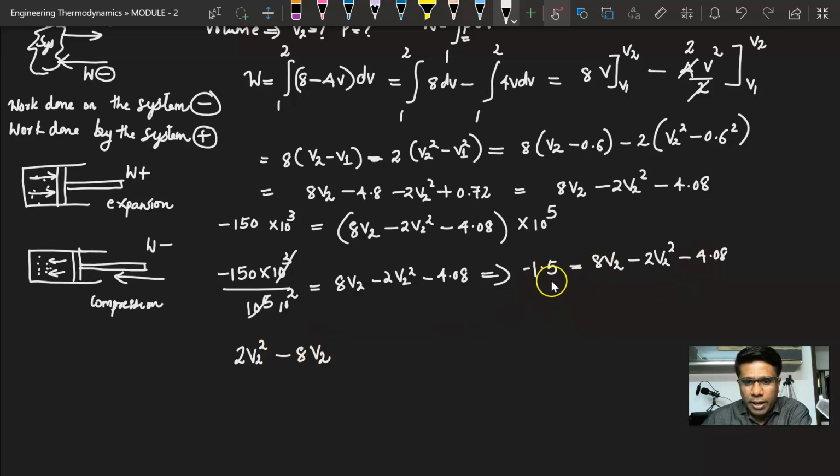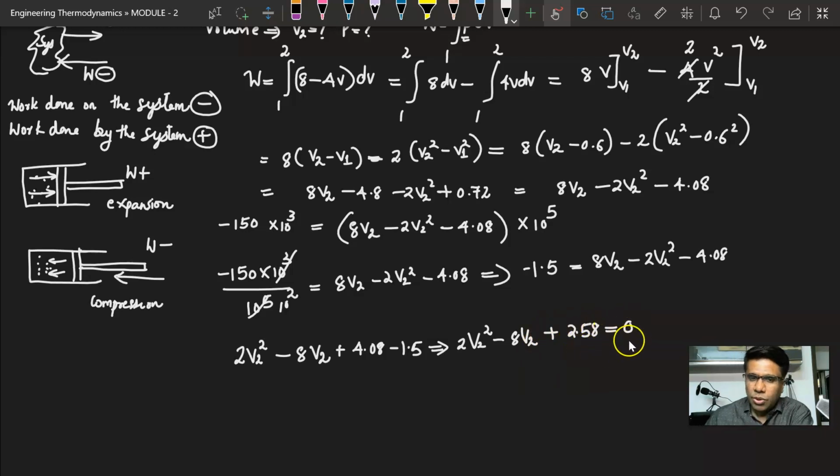Now 4.08 when it comes to this side, plus 4.08, so it will be plus 4.08 minus 1.5. So again my quadratic equation becomes 2v2 square minus 8v2 plus 2.58 is equal to 0.